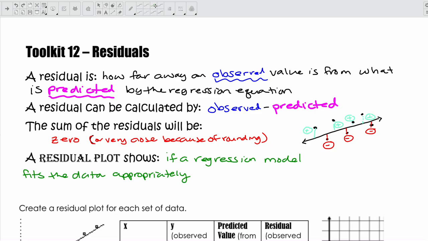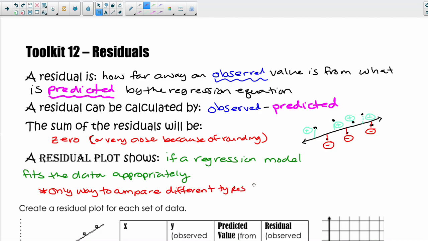Residuals are the only way to compare different types of functions.